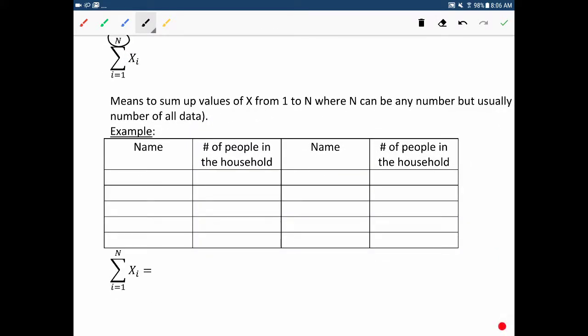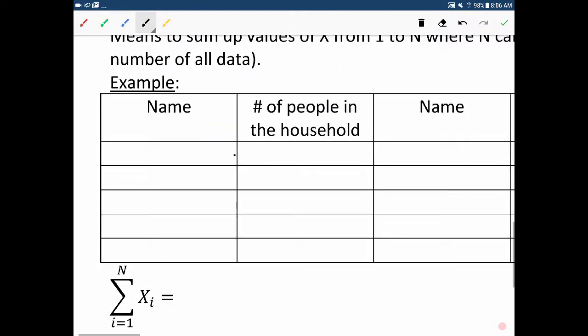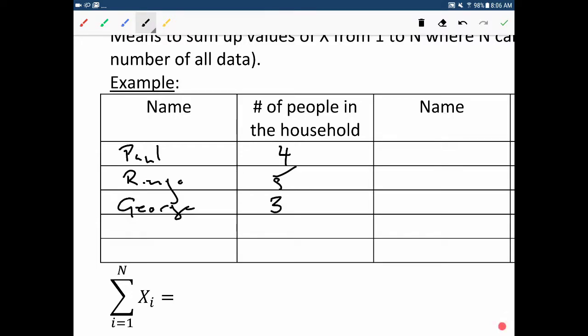For example, we're going to add up the number of people living in a bunch of people's houses. Let's say Paul has 4. Ringo has 5 people living in his house. George has 3 people. John has 4.